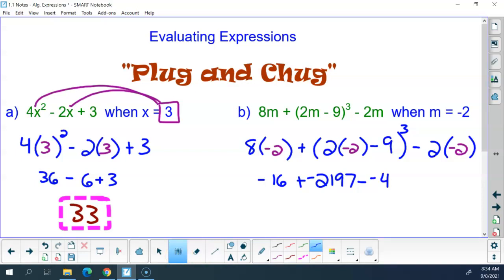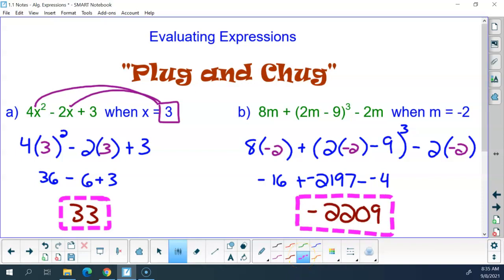So negative 16 plus negative 2,197 is negative 2,213, right? Minus negative 4 is like plus 4. That gives me negative 2,209. 2 times negative 2.